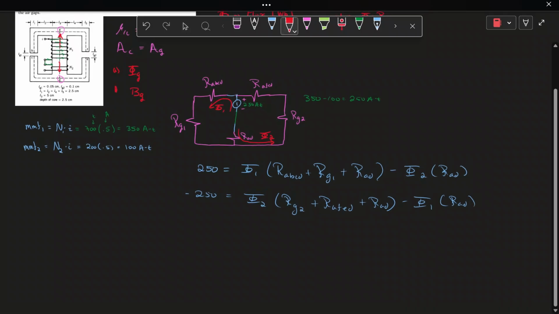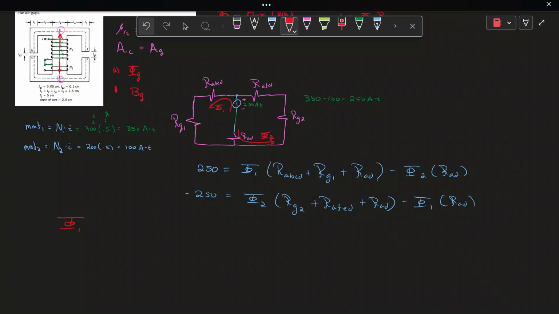Same thing here. All right, so now what do we notice? Well, they're equal to each other. They have the same magnitude here, but this is just minus. So it's just the negative of it. So we can set them equal to each other and just have one be negative of itself. I'm doing this to solve for the flux because we want to find the flux of the air gap, each one. And if we notice, the flux of the air gap for each one is the flux 1 and flux 2 that I've already determined here.